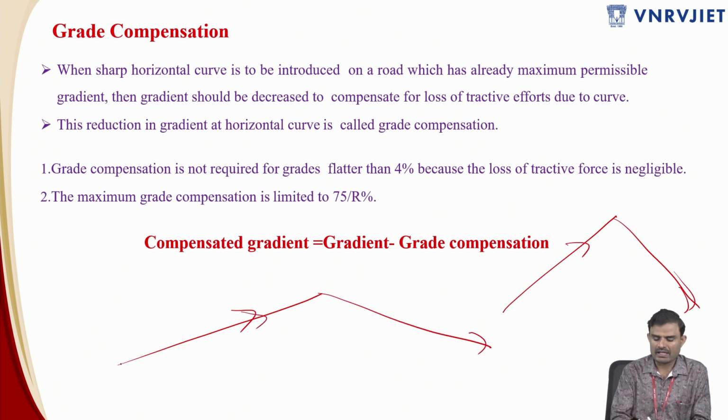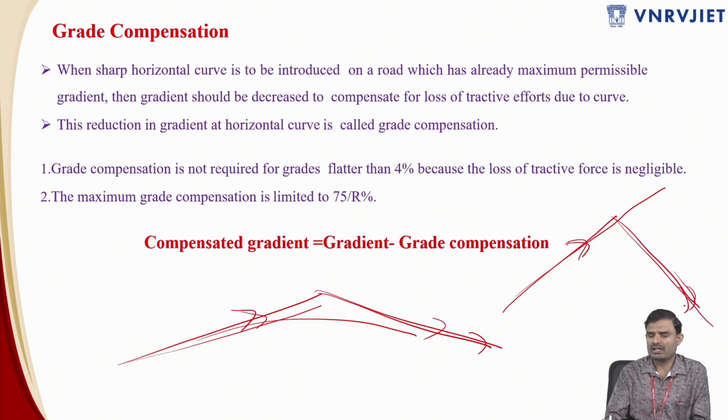You are moving ahead like this on an upward gradient, and this is again a downward gradient. So this will result in the formation of a vertical curve. Whereas here you are moving in this direction and you want to take a right turn in the plan, that is going to form a horizontal curve, although both of them look together. You have to understand this is a horizontal curve, which you will be encountering with a deviation angle, and this you can see in the plan.